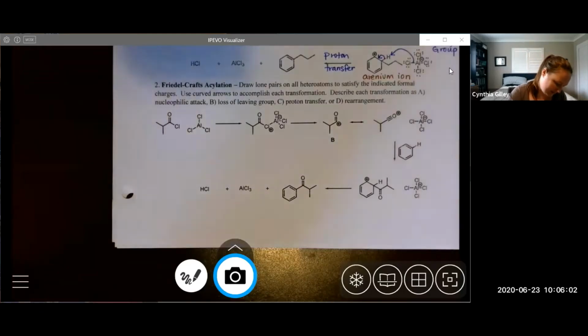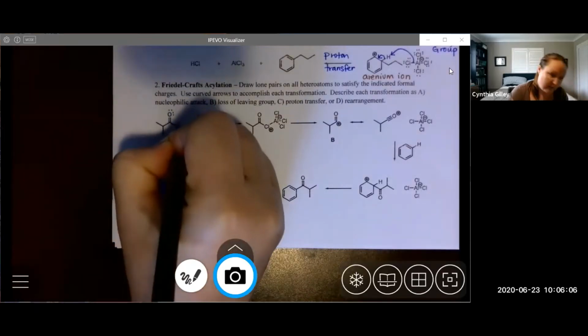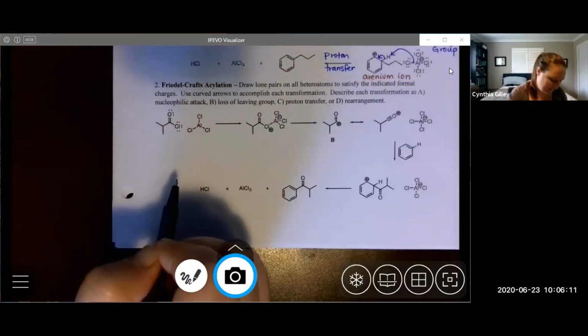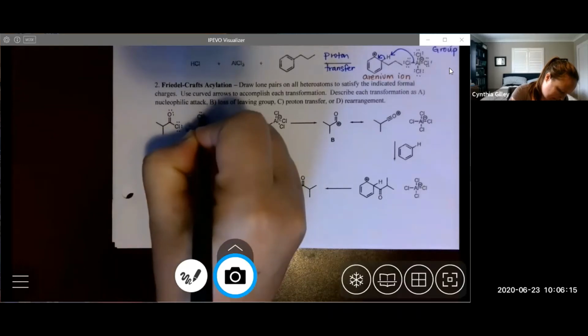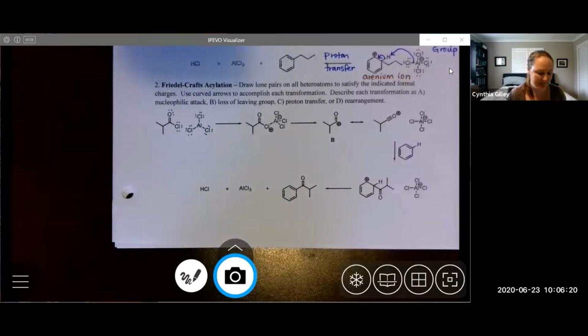The Friedel-Crafts acylation starts out with what people call an acyl chloride, or sometimes an acid chloride. But you can see the similarities. We're still using the aluminum chloride Lewis acid.